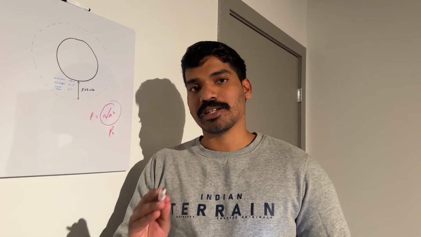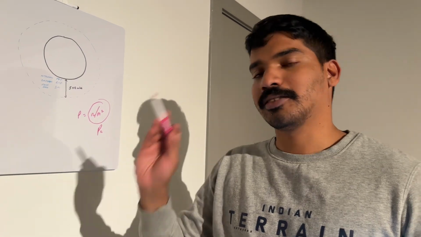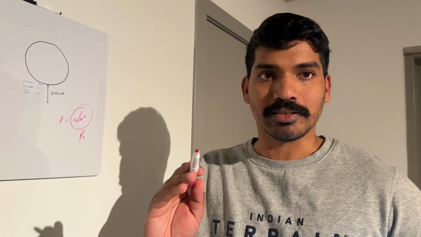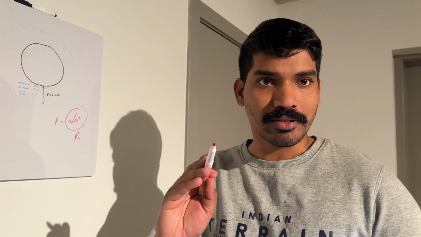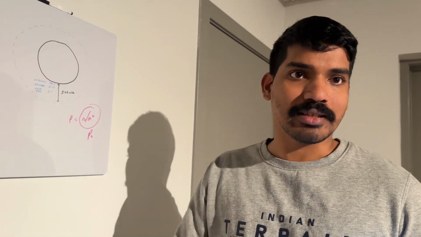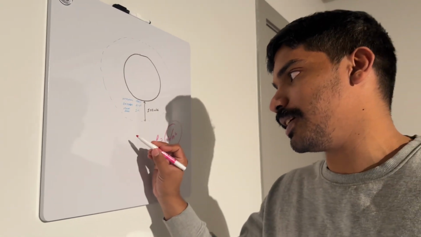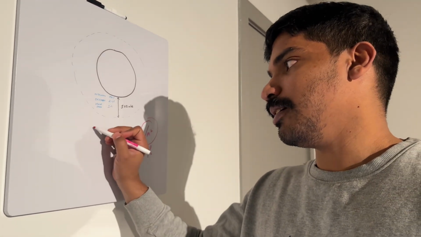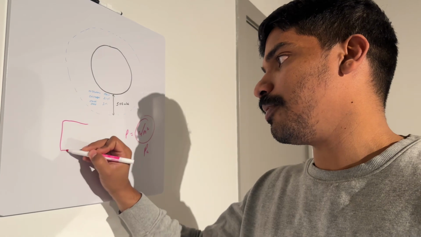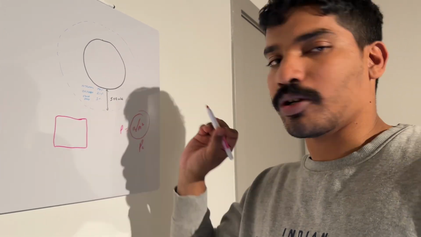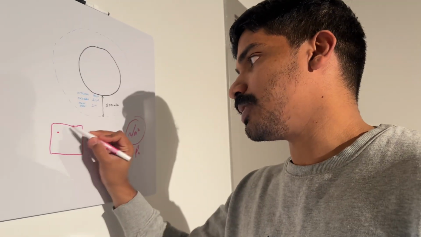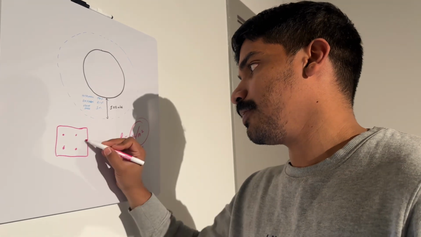Now pressure can be divided into three parts. That is static pressure, dynamic pressure, and total pressure, right? So we'll start with static pressure. In case of static pressure, let's say we have a box, right? And the box has air in it.